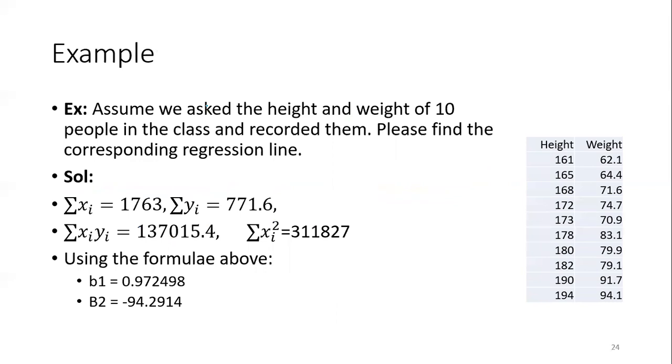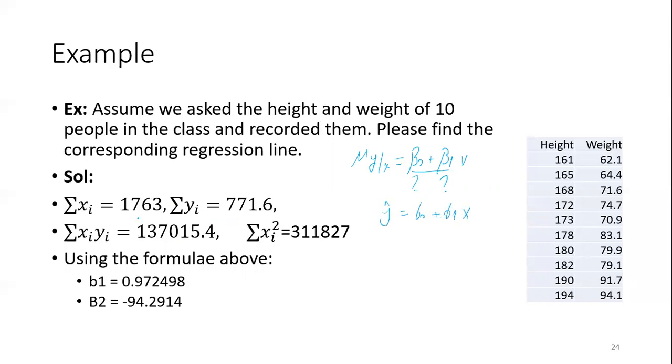And this is my example. These are the height and weight of 10 students in our class. Please find the corresponding regression. So this is what I have: mu of y given x equals beta 0 plus beta 1x. Again, I don't know beta 0 and beta 1; we never know them. So instead, I will try to find the estimated line, which is b0 plus b1x.